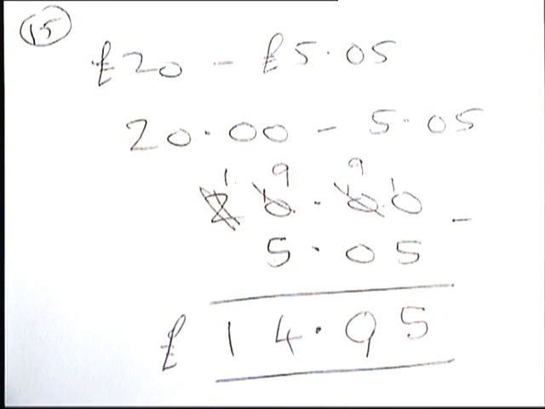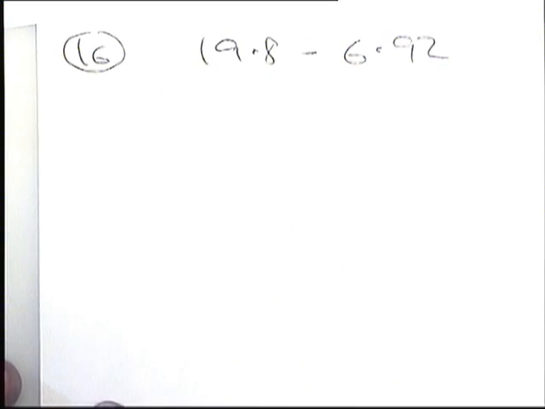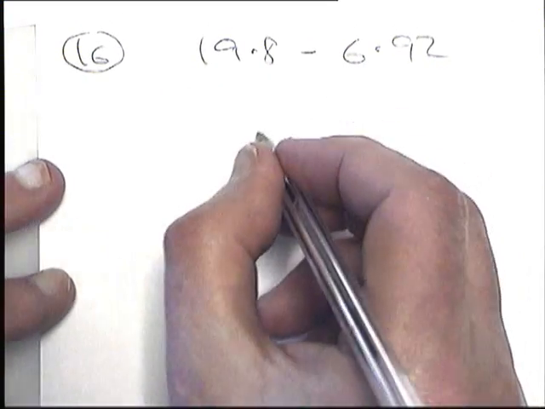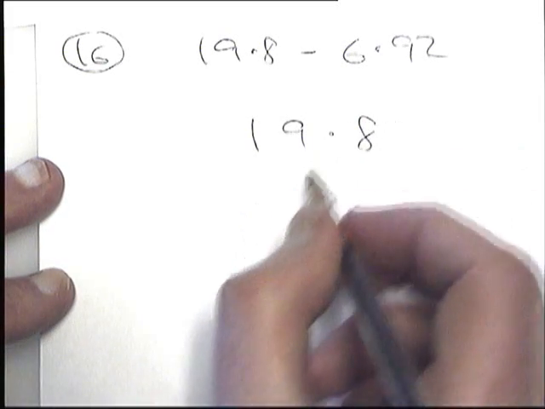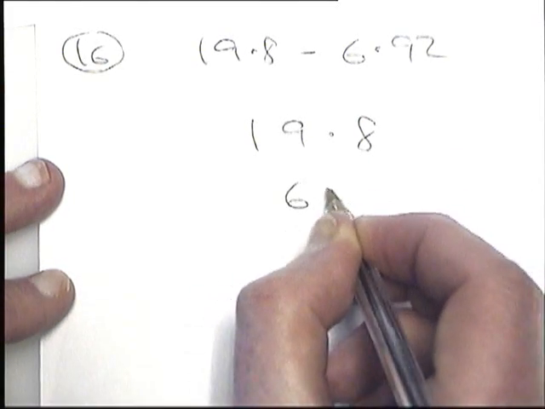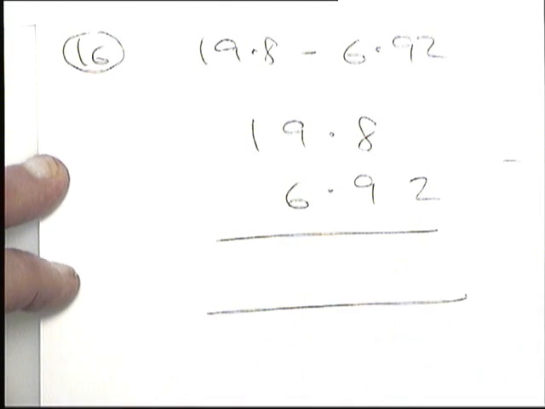Question 16 is 19.8 take away 6.92. Again, another taking away question. Big number at the top, small number underneath, but you've got to line up the decimal point. So 6.92. I get my taking away like this.